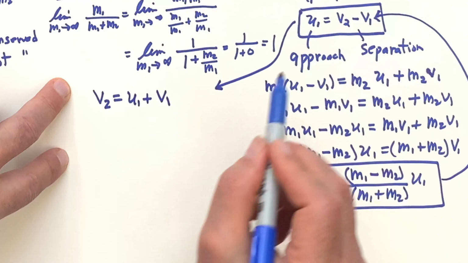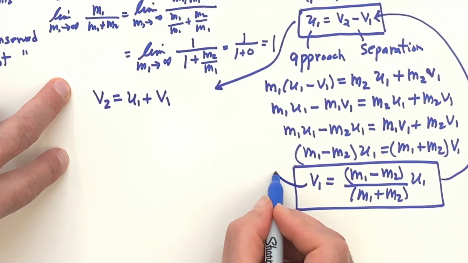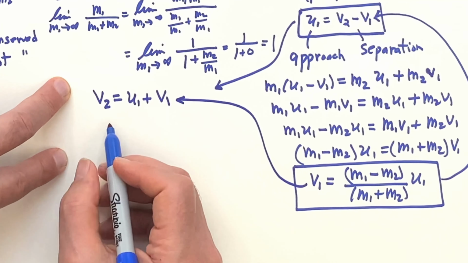Then we write down v2 is equal to the sum. Then we're going to take this and plug that in for the v1.